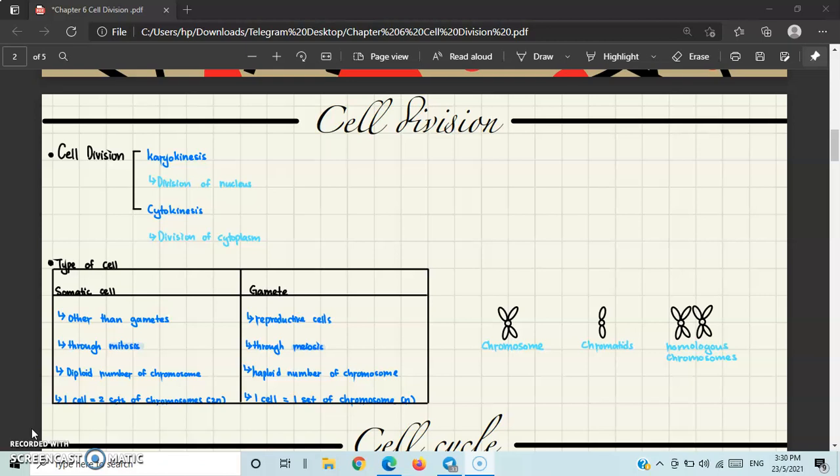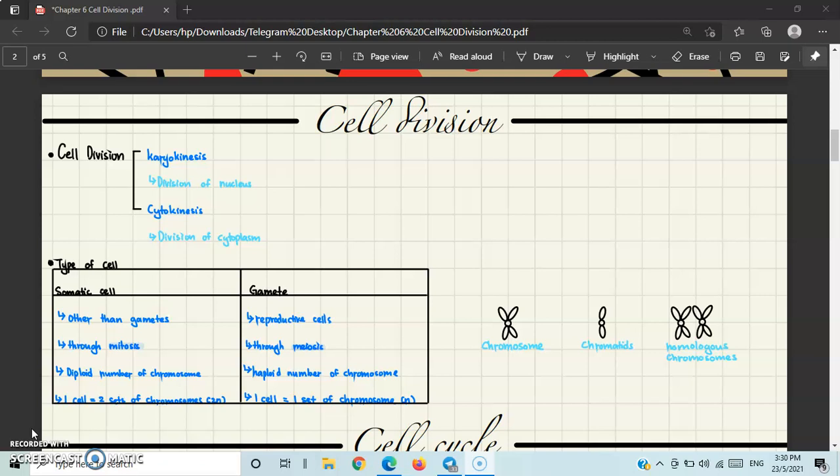Okay, for today we are going to continue our discussion on cell division, chapter 6. We go to a short review of what we had learned before this. What is cell division? Cell division refers to karyokinesis and also cytokinesis. What is karyokinesis?